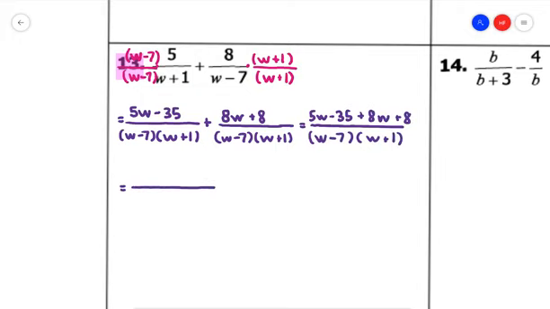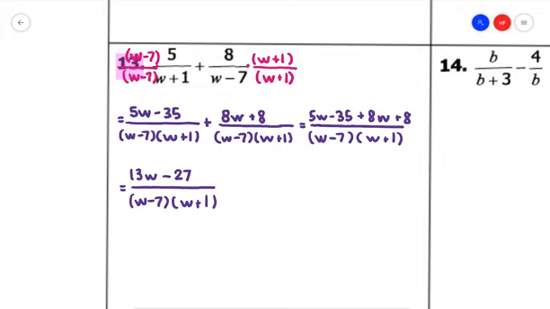Combine like terms on the numerator. 5w plus 8w is 13w. Negative 35 plus 8 is negative 27. And then w minus 7, w plus 1. And then 13w minus 27 cannot be factored just because 13 doesn't go into 27 and 13 is a prime number.